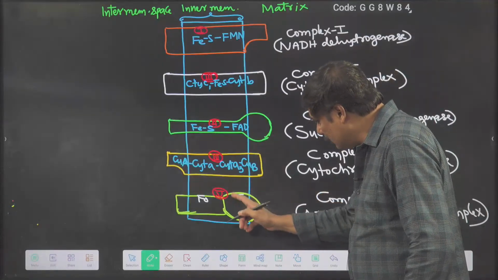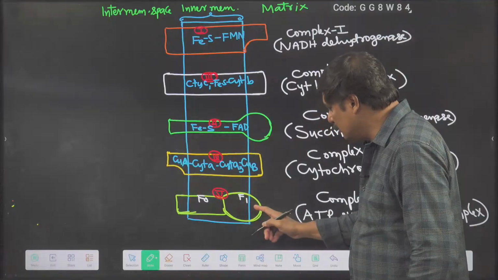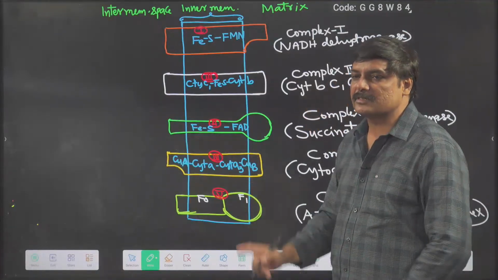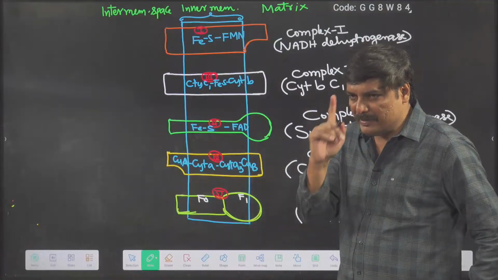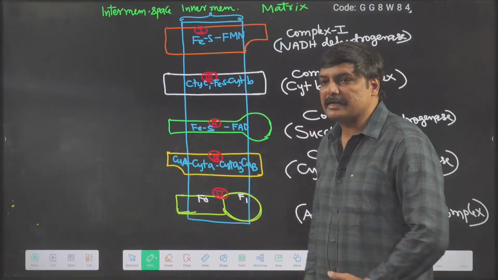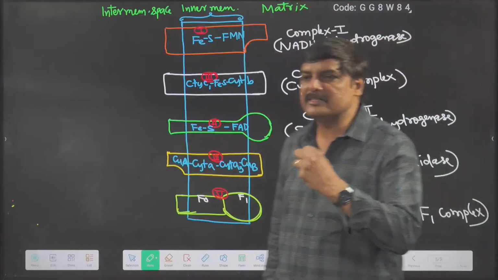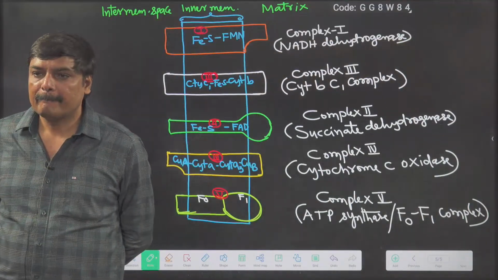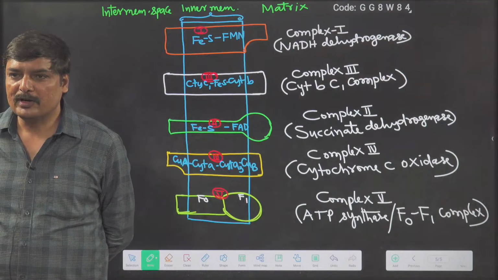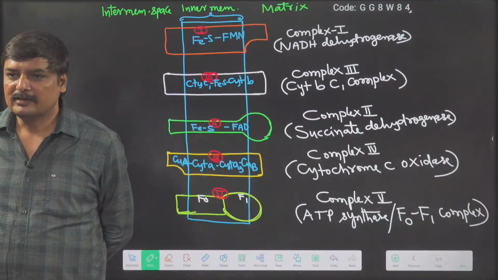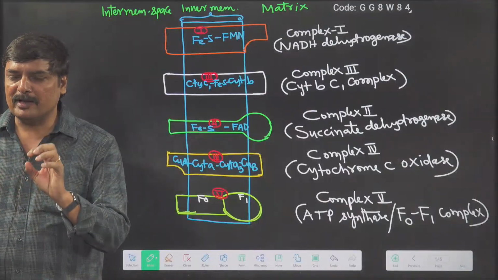This head is called F1, and this is the catalytic site for ATP synthesis. Actually, ATP is synthesized in this part. Hope you understand all. These are the 5 complexes.